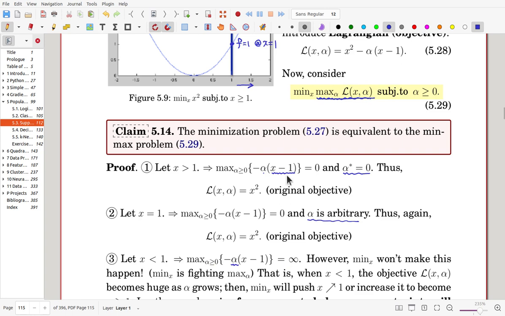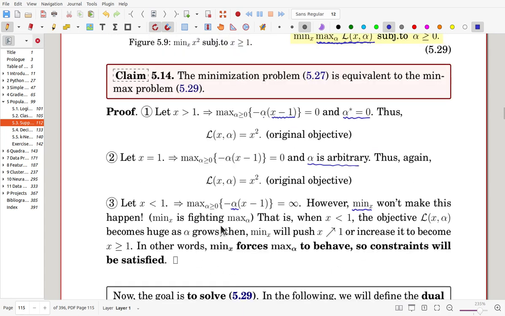However, now here in front of that portion we have a minimum with respect to x, so if it grows, then the min-max part will be against that, so that in this portion it will try to change it.